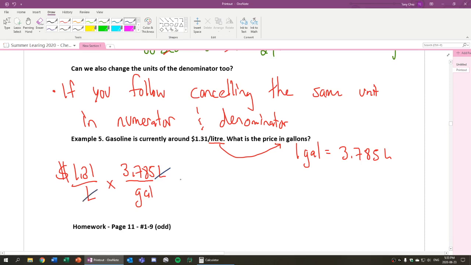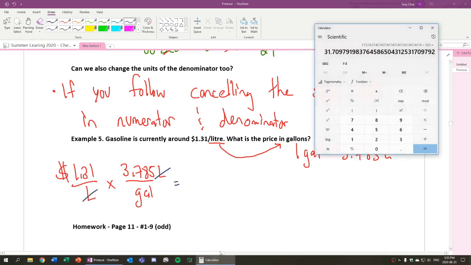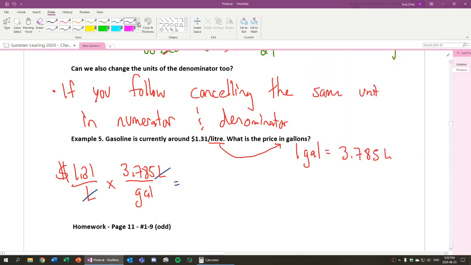Boom. And thus I can now solve for my dollars per gallon. And when I do that, 1.31 times 3.785, I'm going to get $4.96 per gallon. So that's what the price of gas would be if it was per gallon.